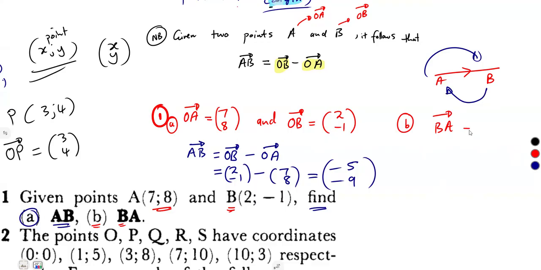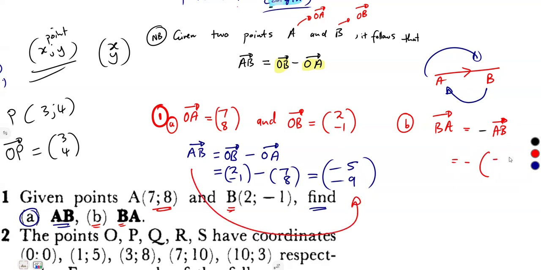So it is a negative of the vector AB that you calculated before. Simply a negative of vector AB. Just the concept, you are simply reversing.